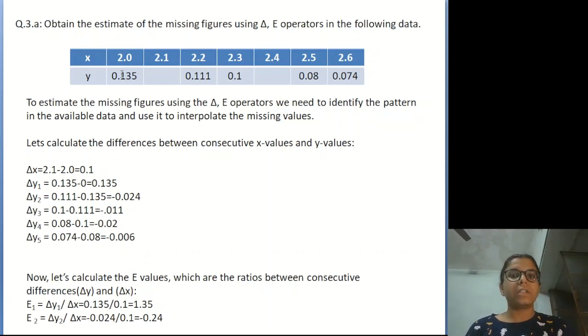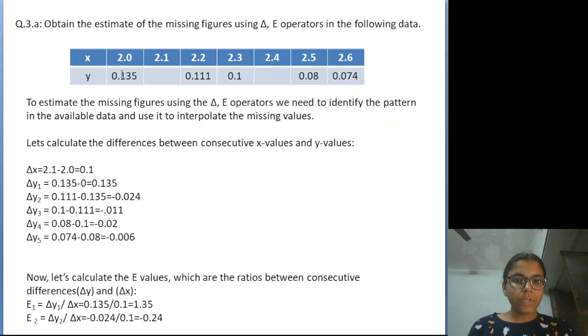Now to estimate the missing figures using shift operator and delta operator, we need to identify the pattern in the available data and use it to interpolate the missing value. So first we need to find the difference between the x values and the y values.